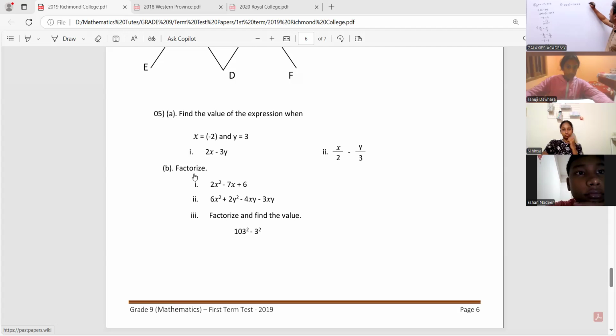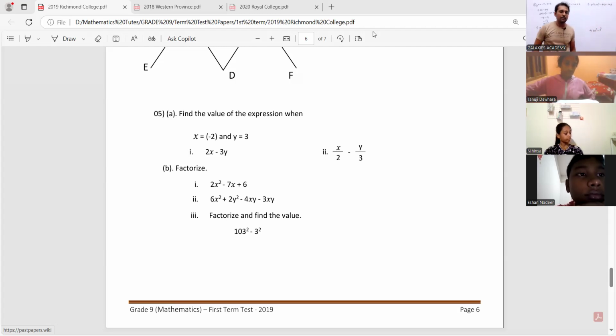Then the second part given: 6x squared plus 2y squared minus 4xy minus 3xy. Right? Then the last part given, the third part, 103 squared minus 3 squared. Factorize and find the values.